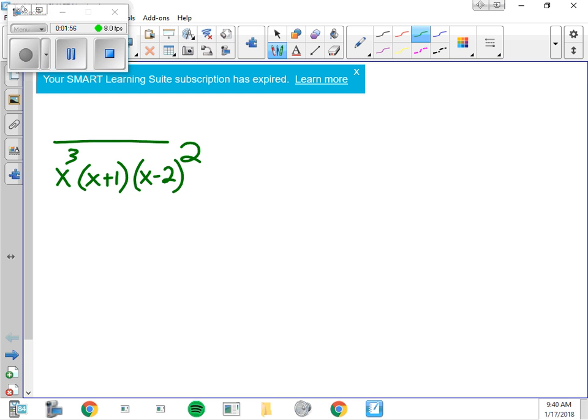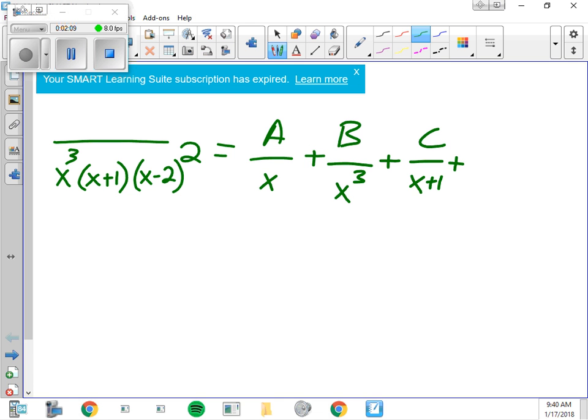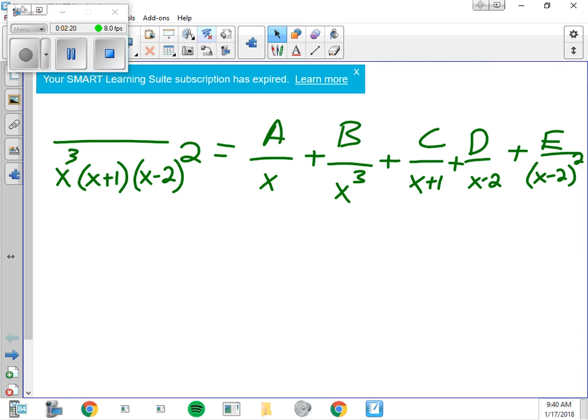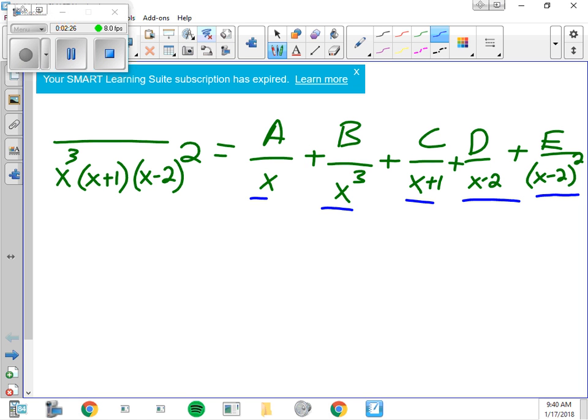So, A over x plus B over x to the third plus C over (x + 1) plus D over (x - 2) plus E over (x - 2) squared.